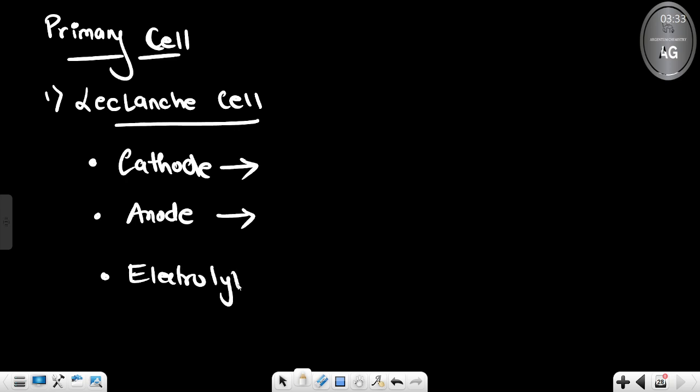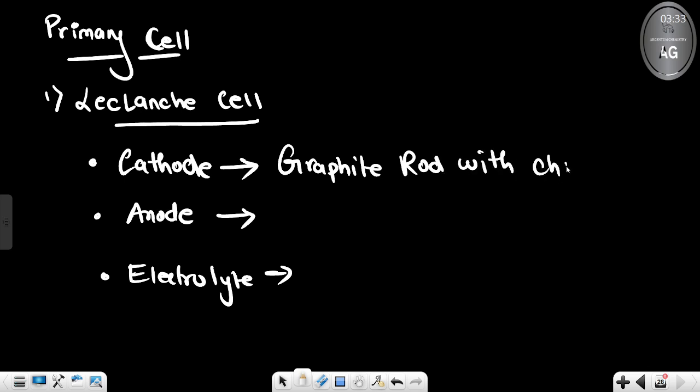So, for cathode it will be graphite rod, surrounded by charcoal and carbon. Charcoal is also carbon, so you can also write graphite rod surrounded by charcoal and carbon.